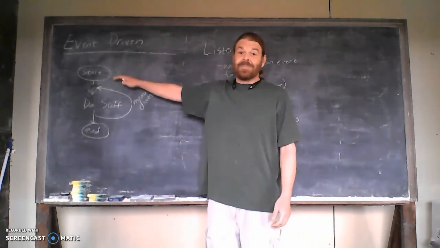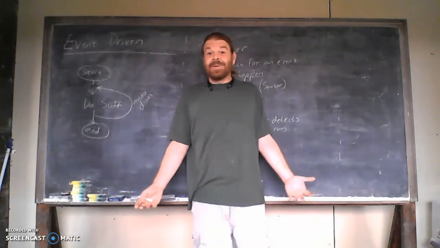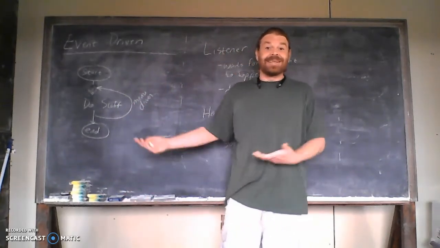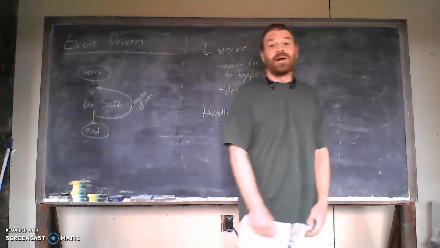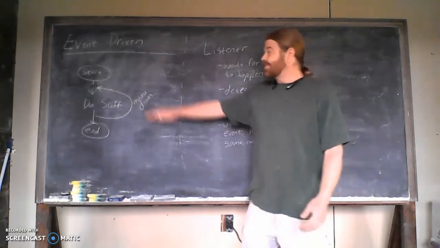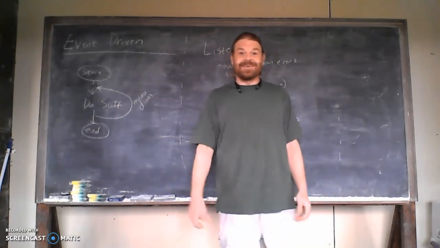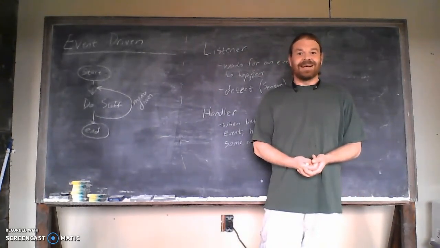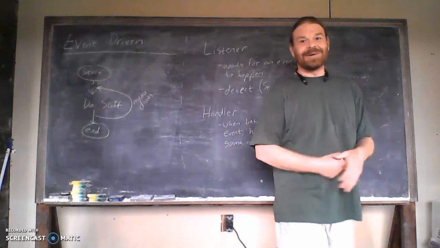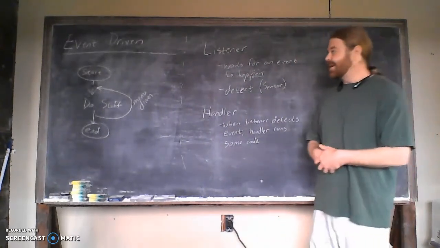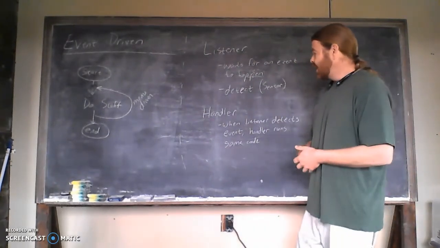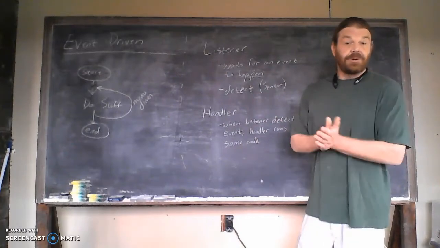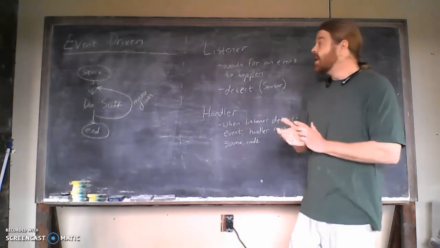We start the program, sit there and wait for something to happen, and when that happens, it runs code and then sits there and waits more. So a nice organized flowchart doesn't really apply to event-driven programming. A whole bunch of flowcharts apply to it, but not an overall one. So I'm going to erase this and draw a picture, and then we'll do an example, and it's mostly examples.